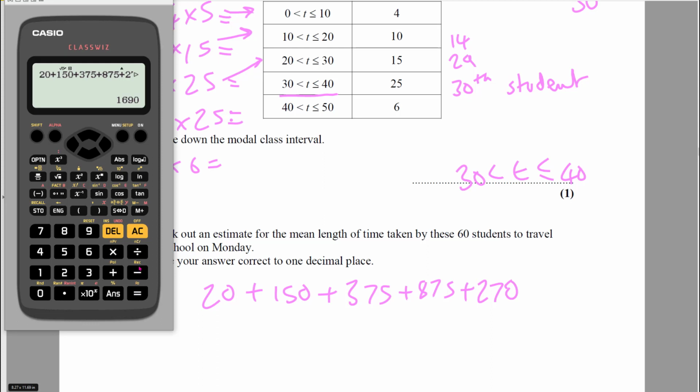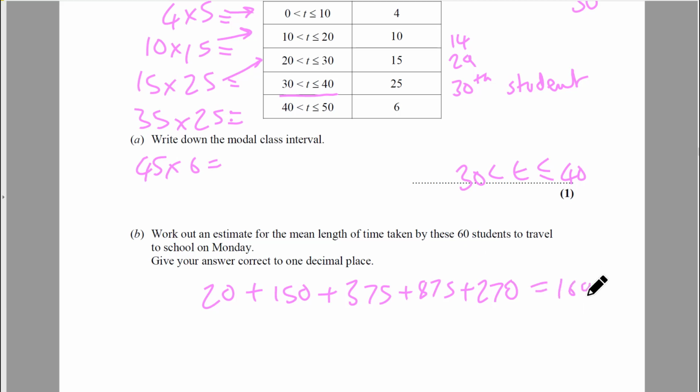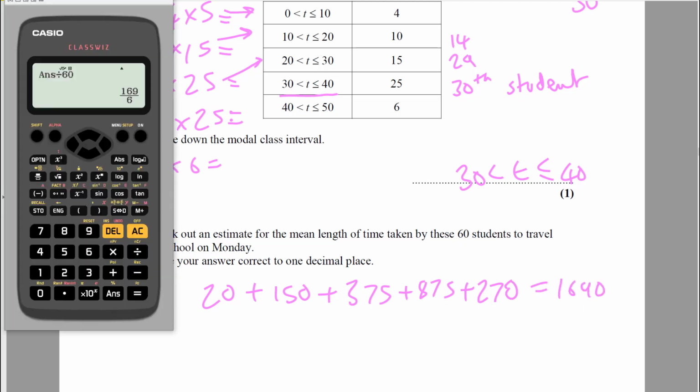Okay, and then we divide by the total amount of people, which I believe was 60. That was 1690. 28. Does that time make sense in here? Yeah, 28 point.